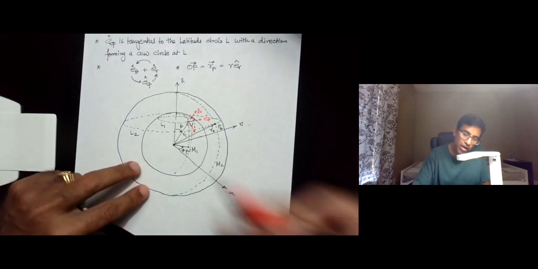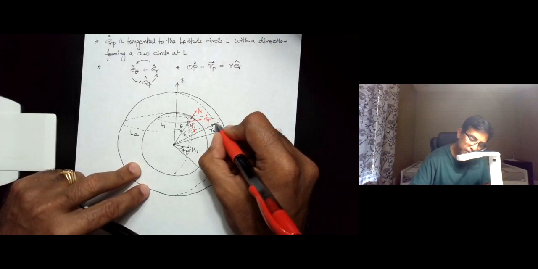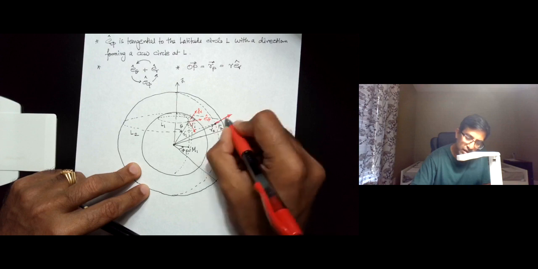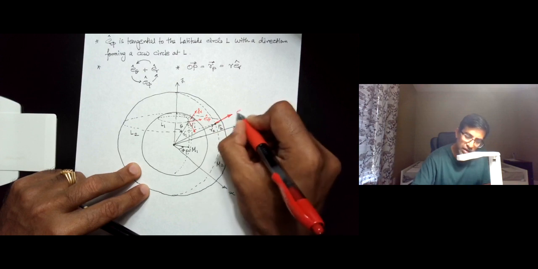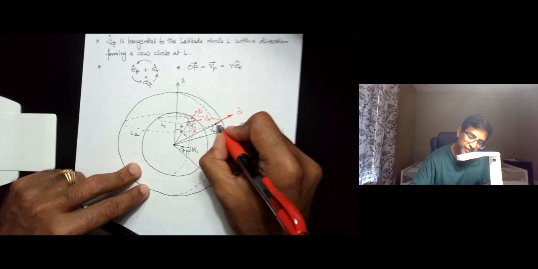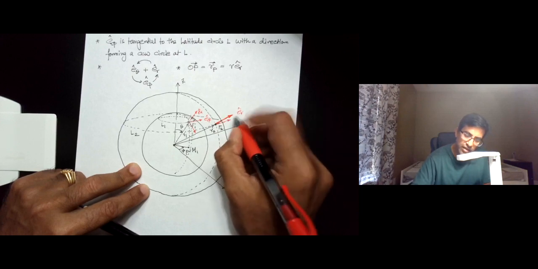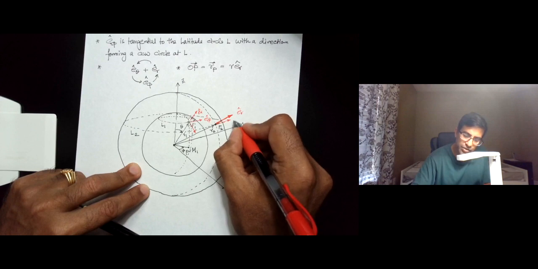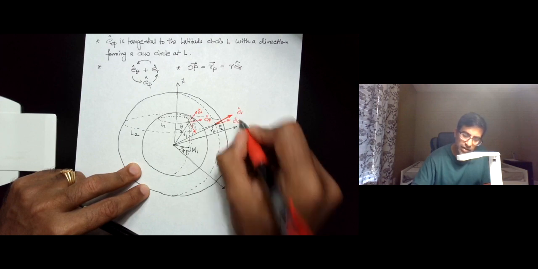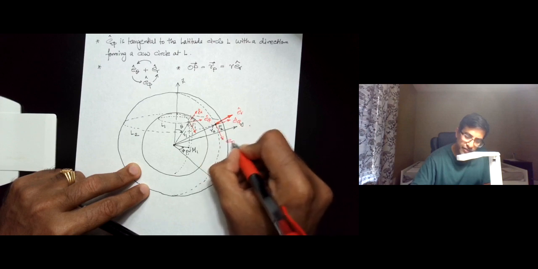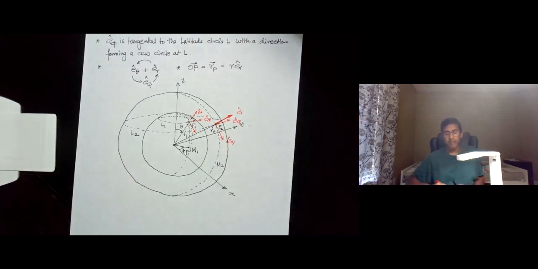Okay, so now the ER axis goes like this. E phi is still along the latitude circle, and E theta is still along the meridian circle.